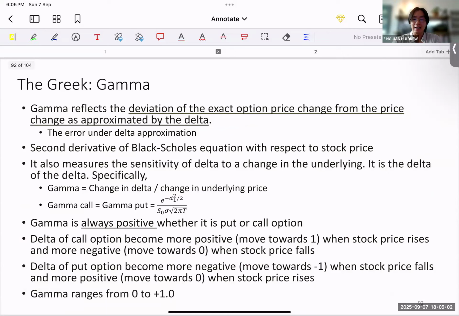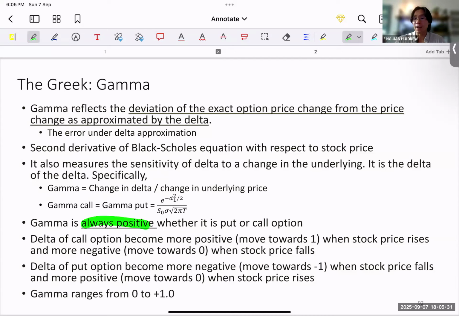So gamma, in a proper way to put it, is called a deviation in exact option price change from the price of the option as approximated by the delta, or simply put, it's the second derivative of the option price. So it shows the convexity of how the option price changes. And the interesting thing about convexity is that it's always positive, right?